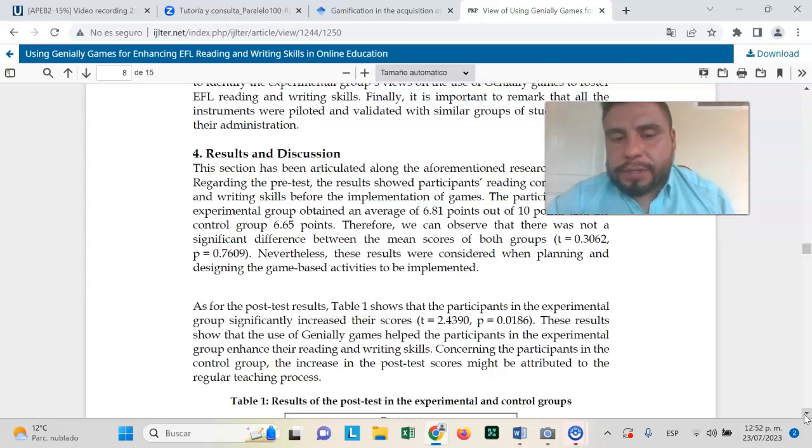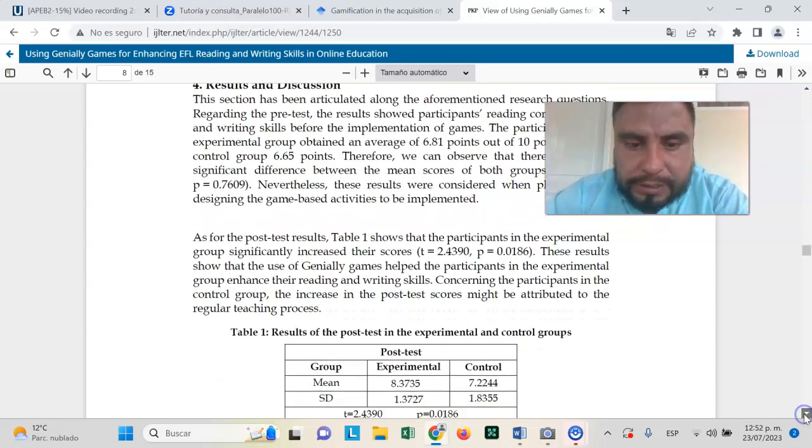The result was successful: the students who did these activities were motivated, interested, and engaged with them.